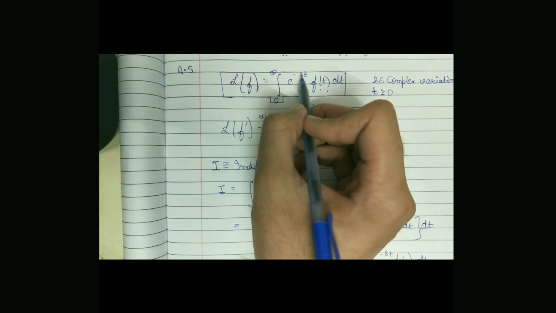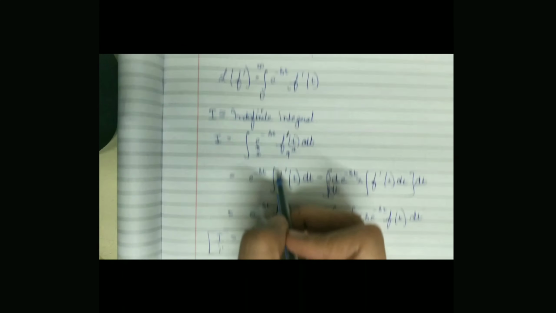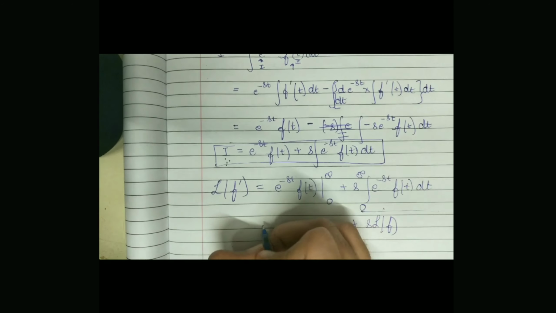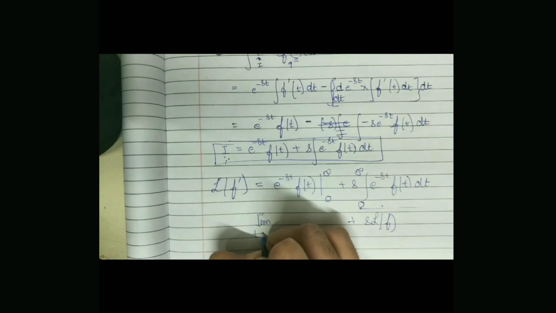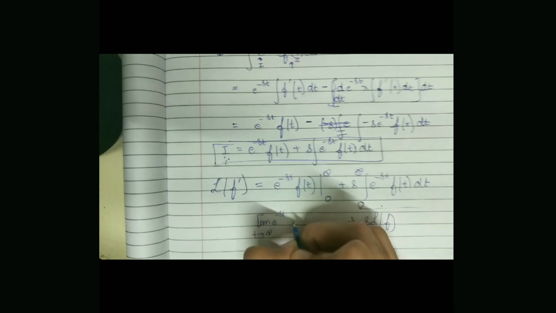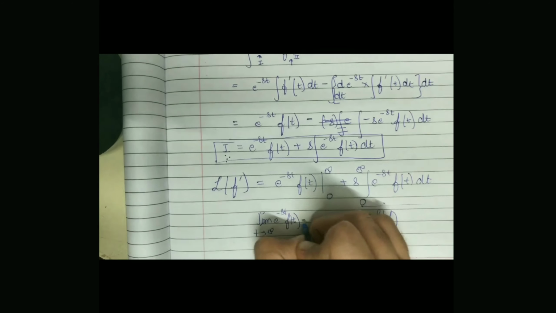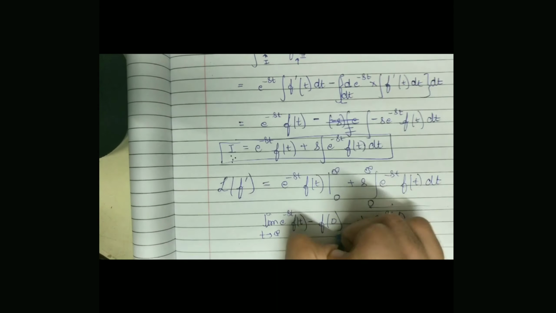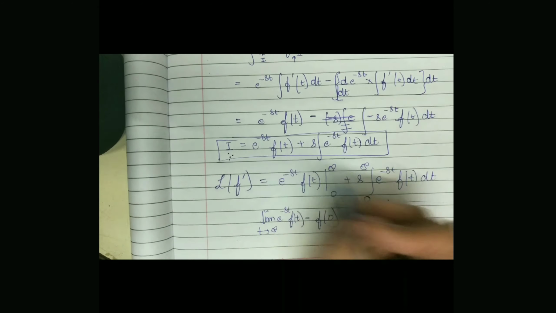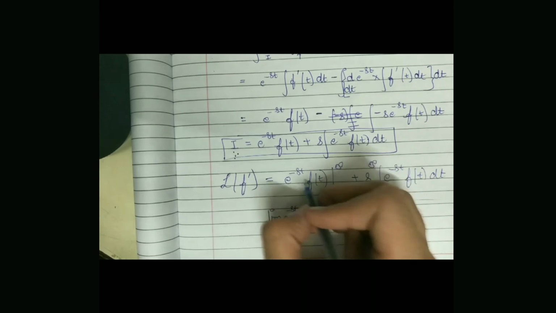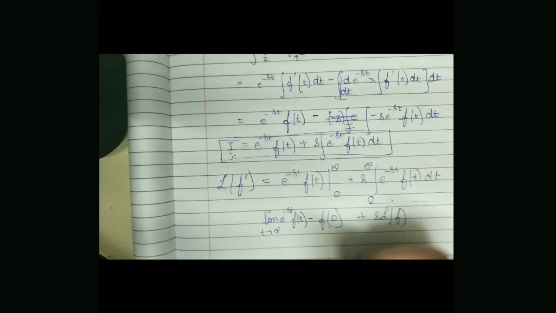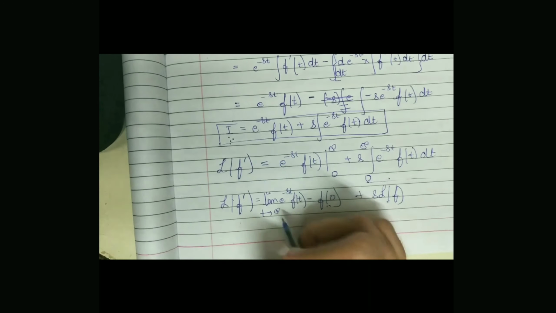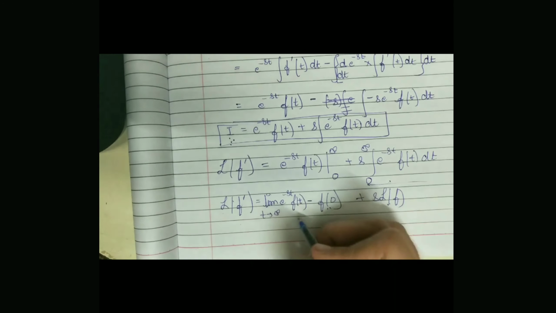So I get the limit as t tends to infinity of e raised to power minus st f(t), minus, when I put 0, f of 0, because e raised to power 0 yields 1, plus s times the Laplacian of f, and this equals the Laplacian of f derivative.